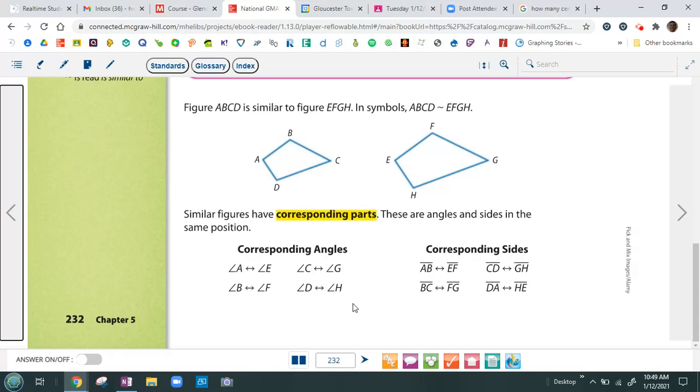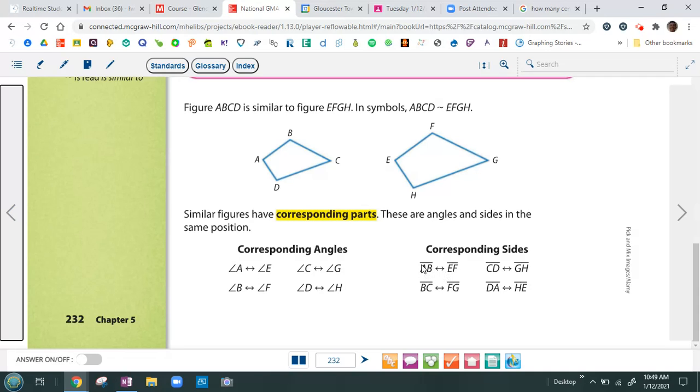Now, one little key is that if I'm talking about AB right here, I can't say FE, I have to say EF. When you write these statements like this, the order of A, B, and E, F actually matters.